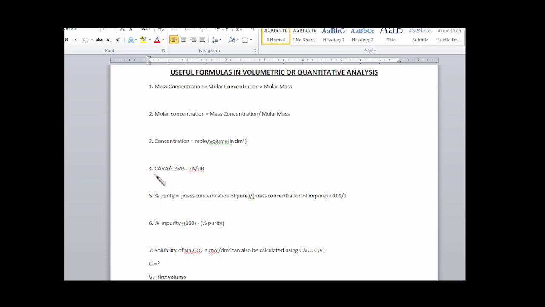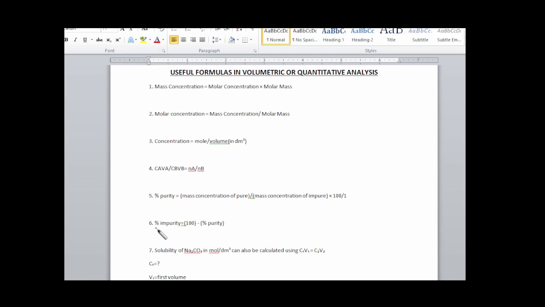And then if we have a question that is talking about purity of the substance, this is the formula for purity. We have percentage purity here in number 5. Percentage purity equals the mass concentration of pure substance divided by the mass concentration of the impure substance, multiplied by 100 over 1.